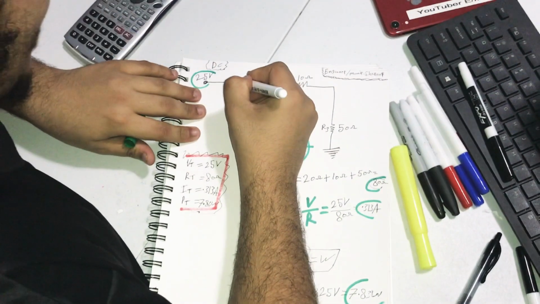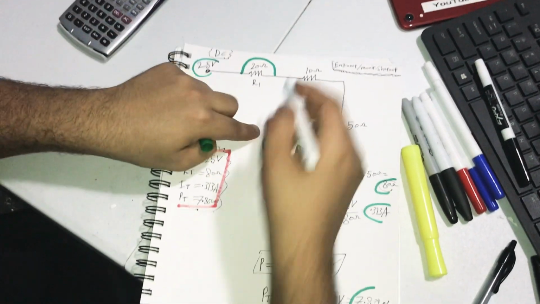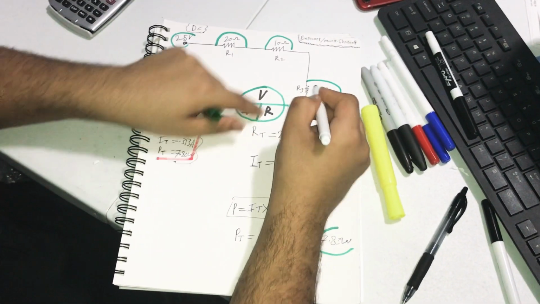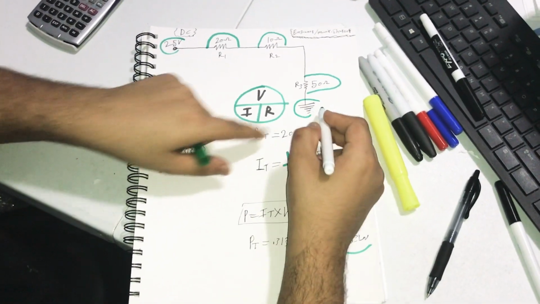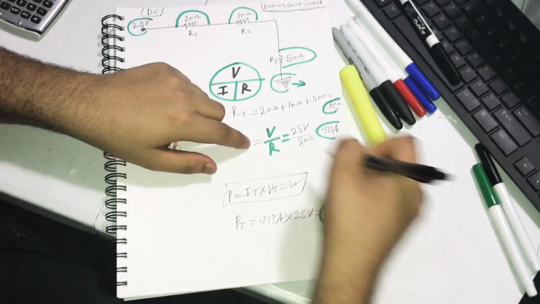We need to find how much is passing through each of these, and how much is going to the ground. This is actually the ground.